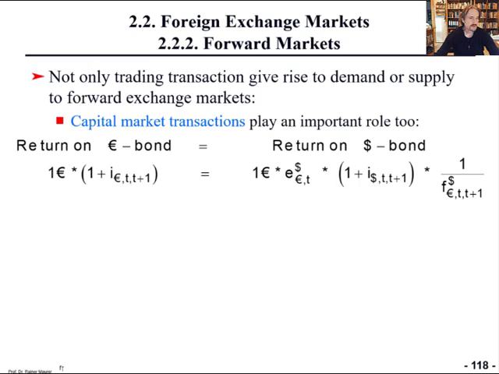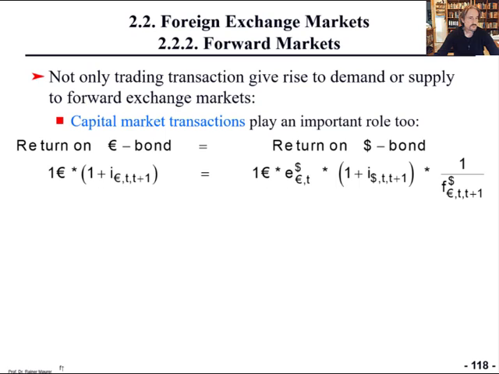Let's consider a situation in the beginning where the interest parity relationship holds. So a return on a euro bond is equal to the euro value of the return on a dollar bond.